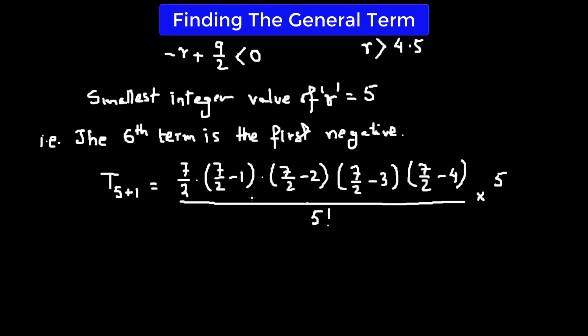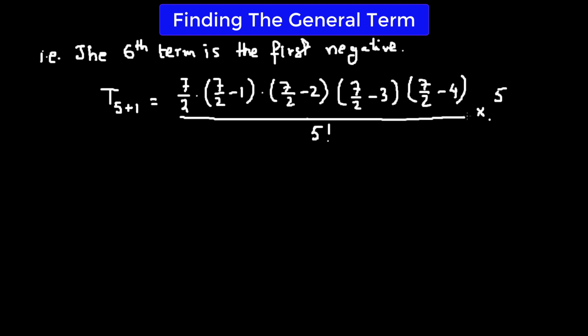Now if you get confused about how to write this general term, remember that our rth factor is 7/2 - (r - 1). For the first term, r is 1, so we get 7/2.